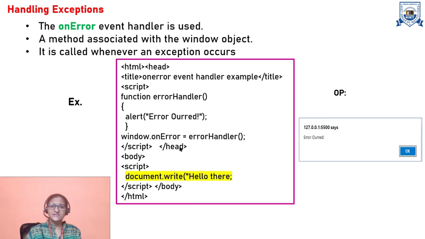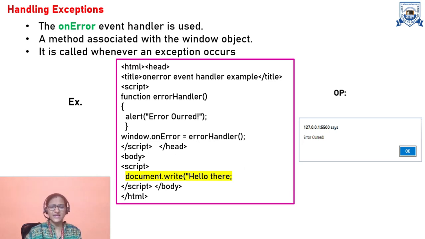Basically, this is an event handler which is associated with the window object. So as soon as our program gets executed in the browser window and finds any exception, the error handler function gets executed.